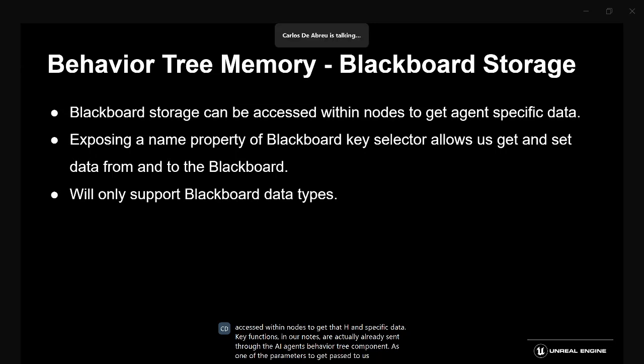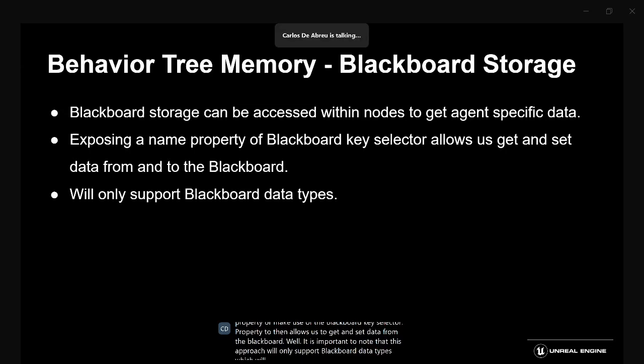As developers, we can simply expose some sort of FName property or make use of the Blackboard key selector property to then allow us to get and set data from the Blackboard at will. It is important to note that this approach will only support Blackboard data types, which we'll discuss shortly.